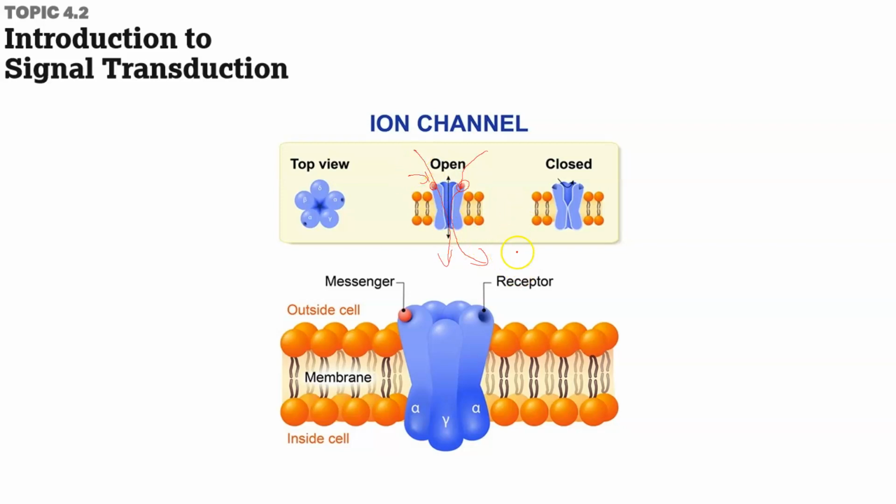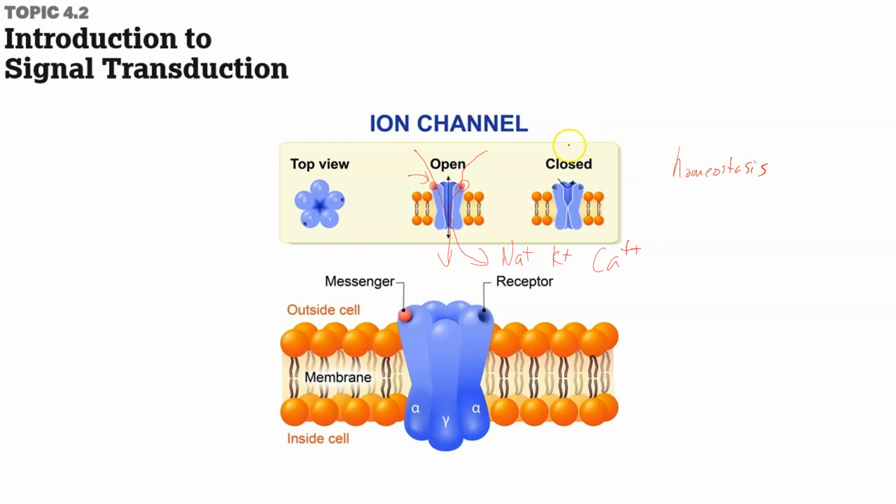It might be a small sodium molecule, potassium, calcium, things like that can get through here. When it's closed, it won't allow ions through. This is very important because our body needs to maintain something called, which you probably remember, homeostasis.